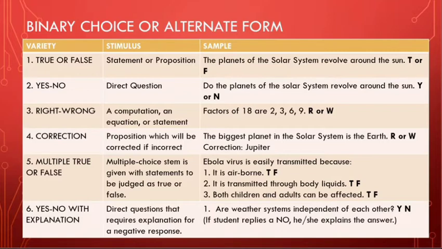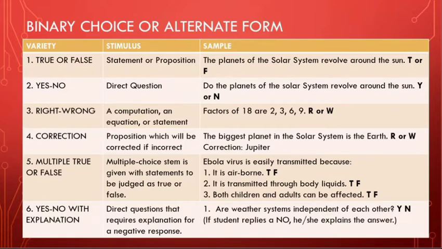Next, we have the multiple true or false. Here, the multiple choice stem, which will serve as the stimulus, is given with statements to be judged as true or false. As in our example, Ebola virus is easily transmitted because, number one, it is airborne, true or false. Number two, it is transmitted through the body liquids, true or false. Number three, both children and adults can be affected.